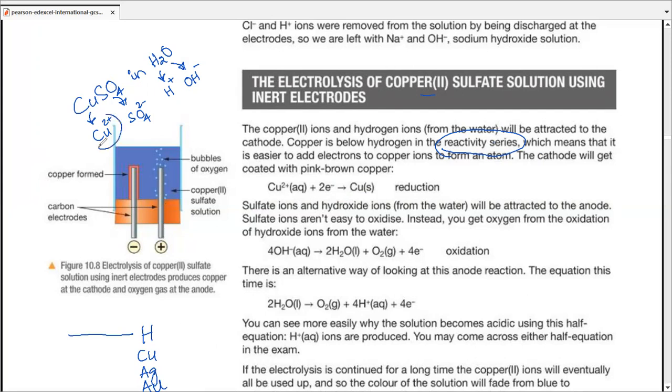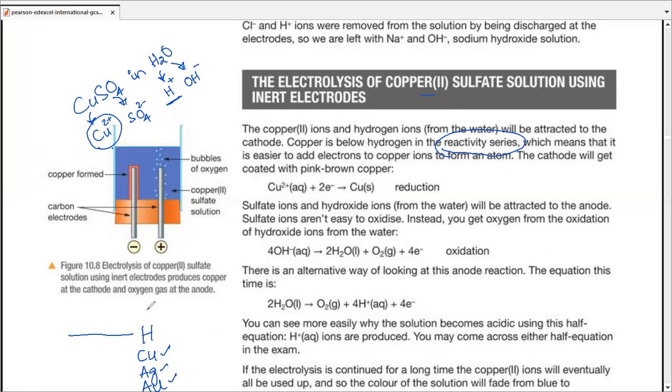Since every positive ion, cation, has to stay in competition with hydrogen ion, since that's the only ion that comes out of water, and we're only studying aqueous solutions, every time hydrogen ion is going to be there as a competitor. So the only ones which are less reactive than hydrogen and would be easier to add electrons to for a reduction reaction are copper, silver, and gold, which is very easy for a student to memorize.